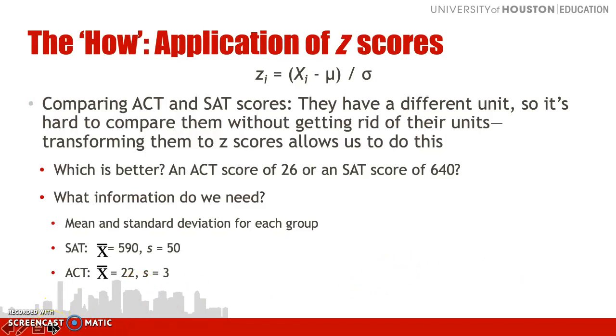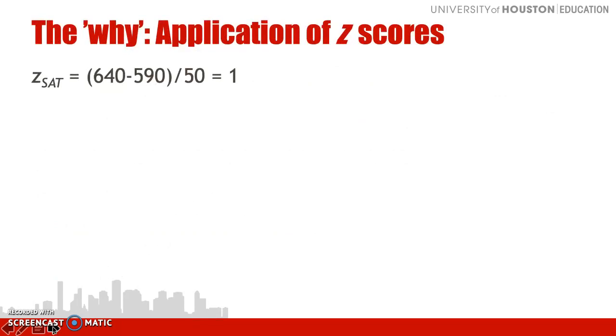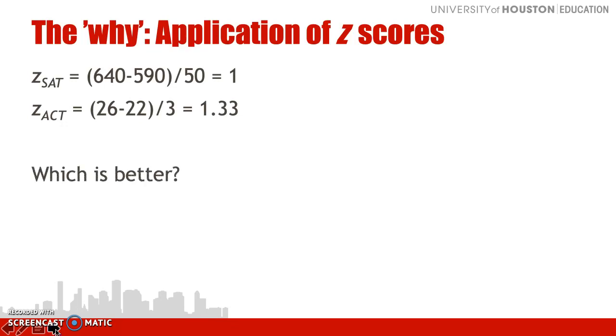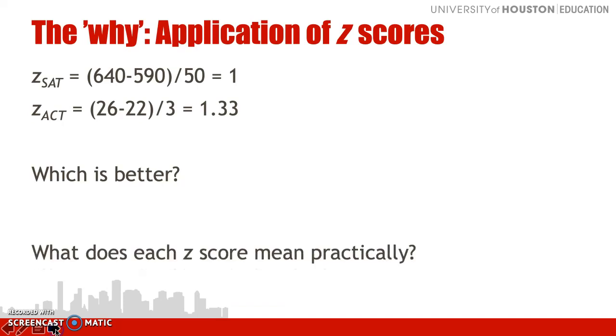In this case, you can see them right there, 590 and 50, and then 22 and 3. And so we can go ahead and apply it. 640 gives a z-score of 1, so 1 standard deviation above the mean. And then we see here that the z-score for an ACT of 26 is 1.3. So it's higher, right? It's 1.3 standard deviations above the mean.